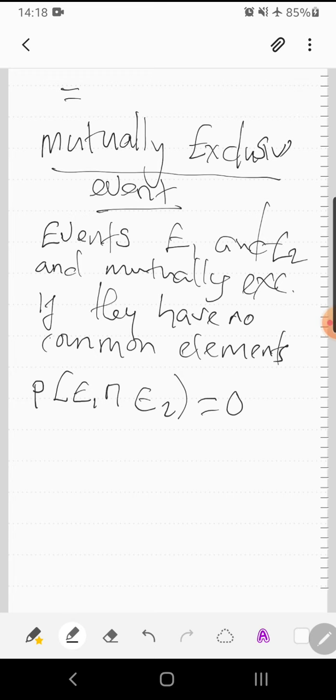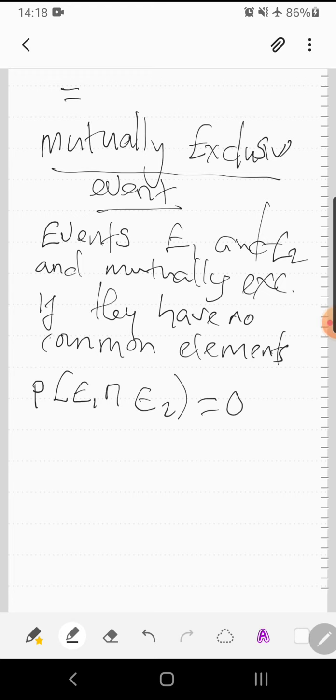So an example of such events, I can say maybe voting for two parties. So if you have in an election party A and party B, you can just vote for one, you can't vote for both.